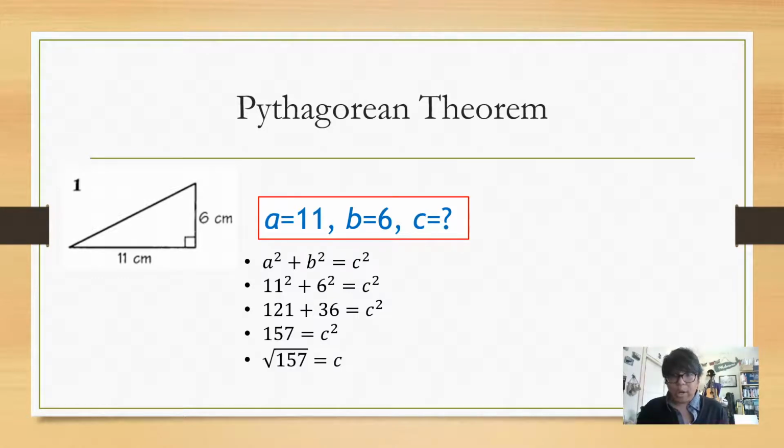So the square root of 157 is c, which means c is 12.53. How did I get 12.53? I used my calculator. I asked Google. I asked Alexa. Doesn't matter. C is the square root of 157, which is 12.53.